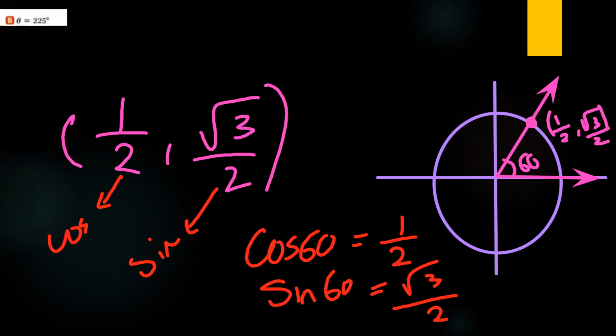Okay, teacher, thank you. Now let's see this angle here, cosine of 225. But in our table of common angles, there's no 225. We have only 30, 60, 45, 90, but there is no 225.